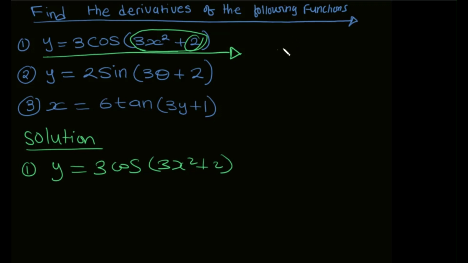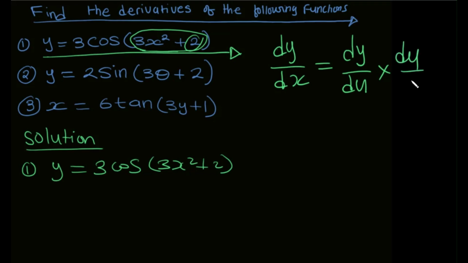We know that the chain rule looks like this: dy/dx is equal to dy/du multiplied by du/dx. So we need u.